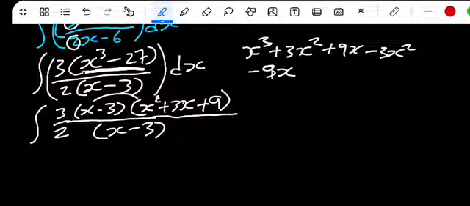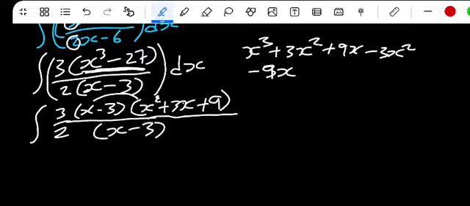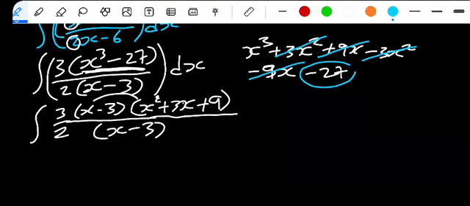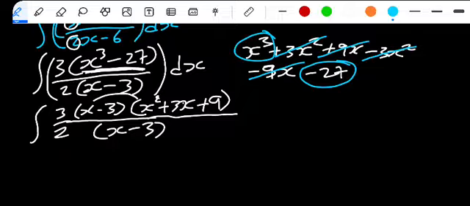Then negative 3 times 9, you have minus 27. Let's check that it returns back. It's supposed to return back. So these will cancel, this and this will cancel, and we'll be left with the initial part. That is fine.